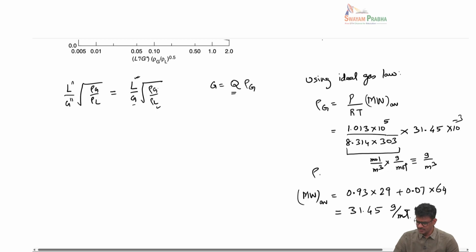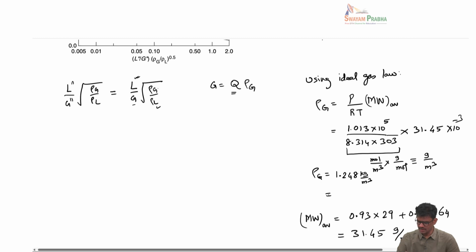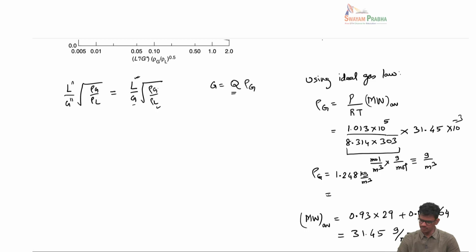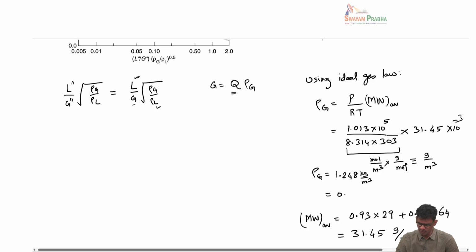When you do all this, I have done the calculation here, but you can check this out: rho G will be 1.248 kg per meter cube, and converted to pound per feet cube, this will be 0.078 pound per feet cube.